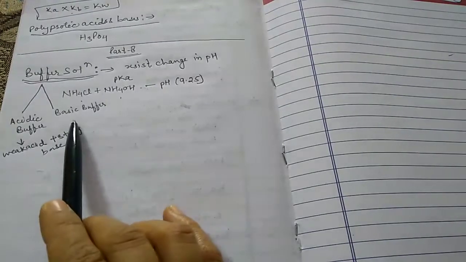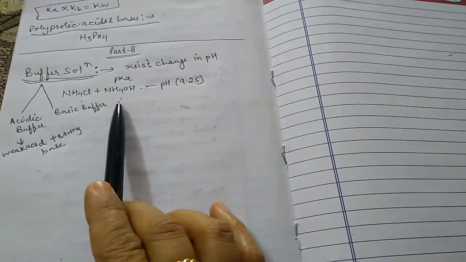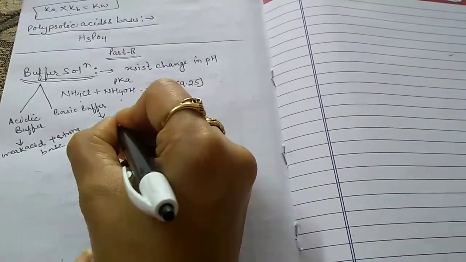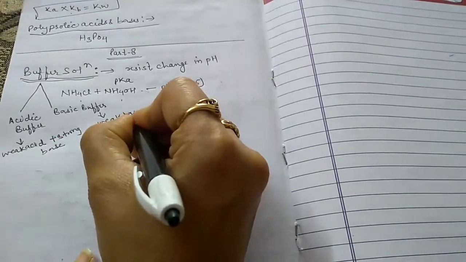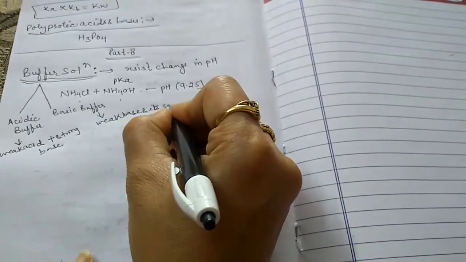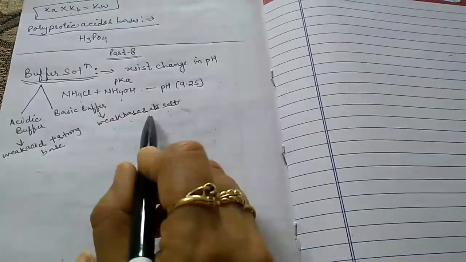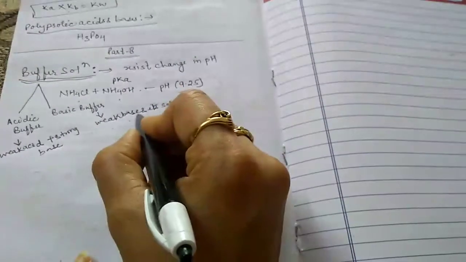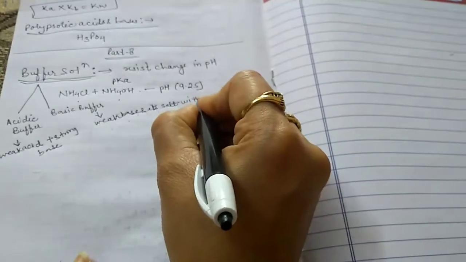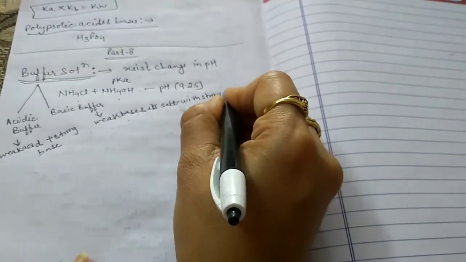Now the next one is the basic buffer. A basic buffer solution contains equimolar quantities of a weak base and its salt with a strong acid.